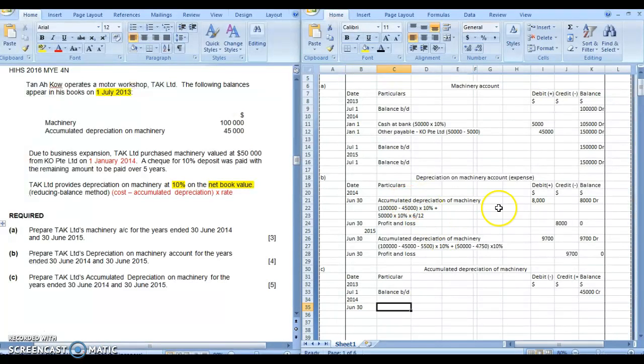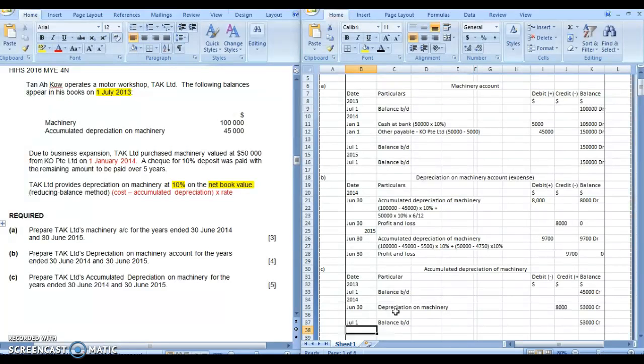We'll have this entry, but we'll write the partner's name, and the amount 8,000 we will write on the credit side. So what we're gonna have is actually 53,000 credit. So once that's done, leave a line to indicate that this is the next financial year. So you bring down the balance of 53,000.